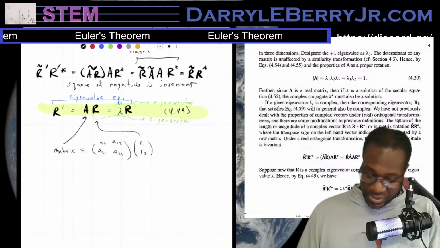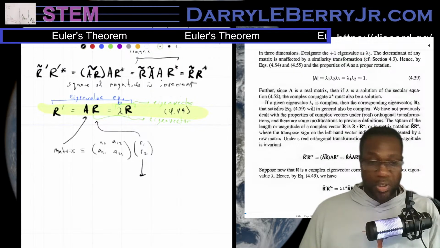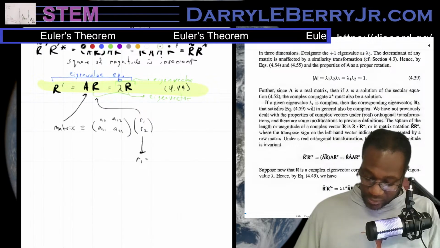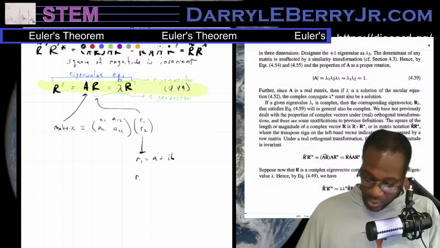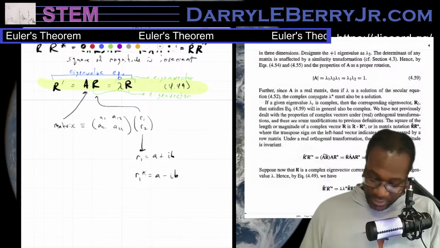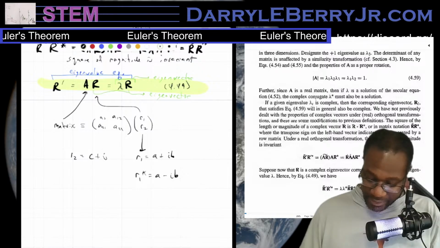So the complex conjugate would be if you take the vector and any imaginary part of it, you put a negative on it. So let's say R1 equals A plus iB. Then R1 complex conjugate would be A minus iB. And let's say R2 is C plus iD.